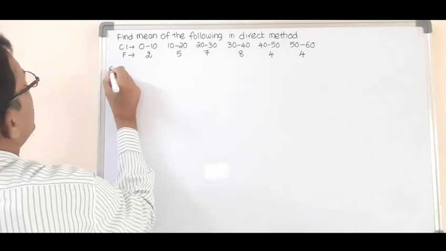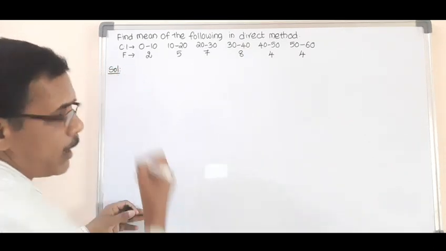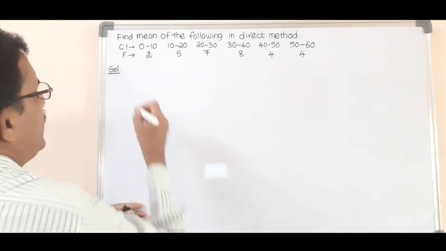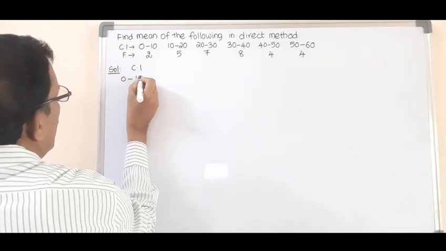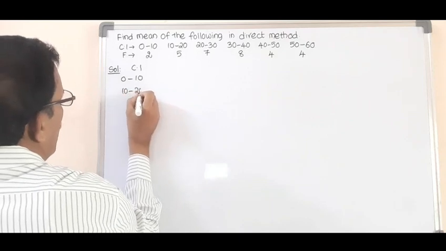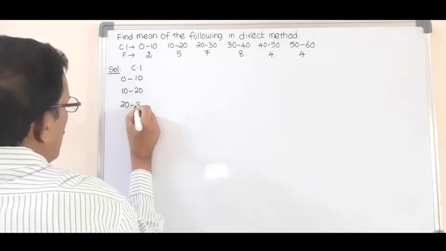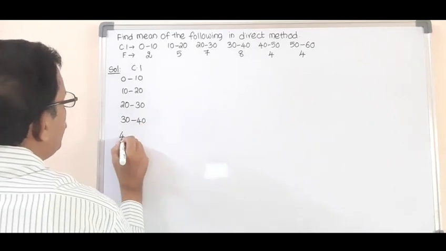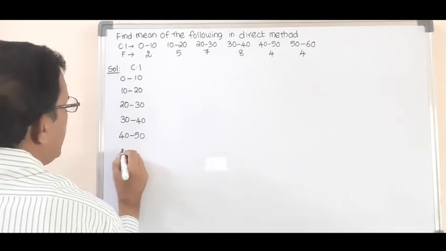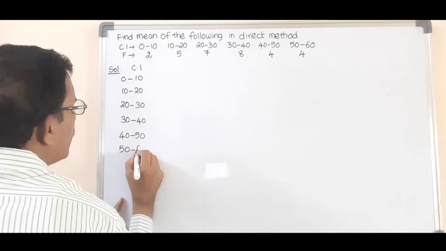To find mean in direct method, first we have to prepare a tabular form. In first column we will take class interval 0 to 10, 10 to 20, 20 to 30, 30 to 40, 40 to 50 and 50 to 60.